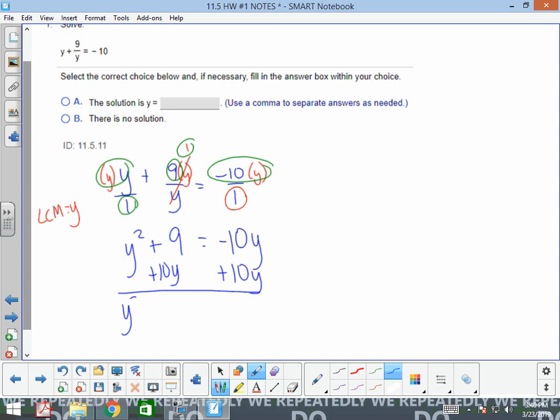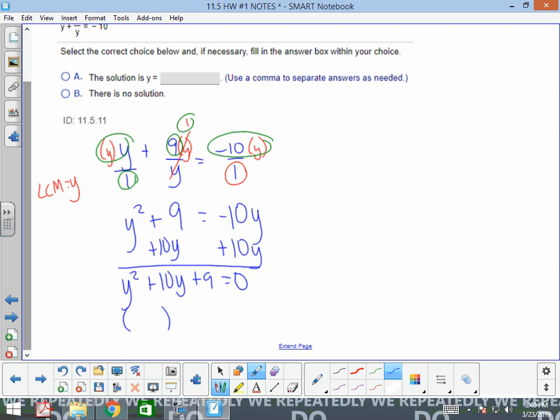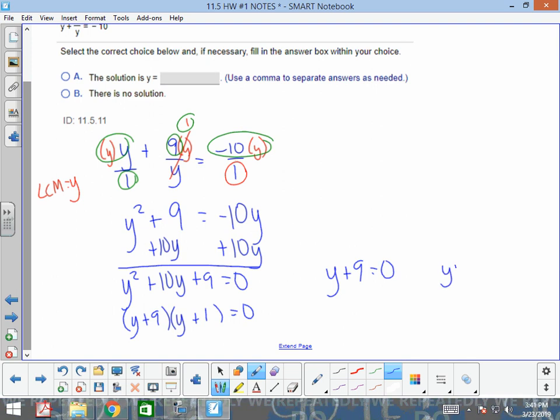So I have y squared plus 10y plus 9 equals 0. That will factor to y plus 9, y plus 1. Now we take each factor, each binomial, set it equal to 0, and solve. So y equals negative 9 and y equals negative 1.